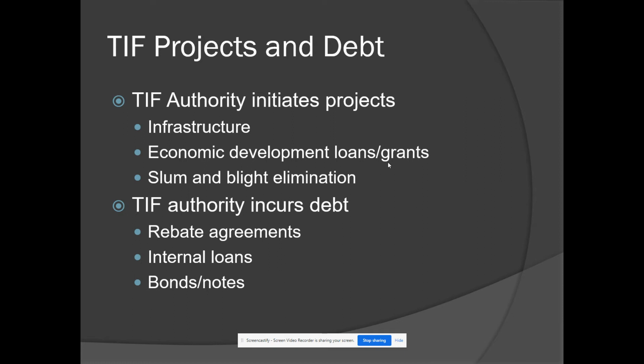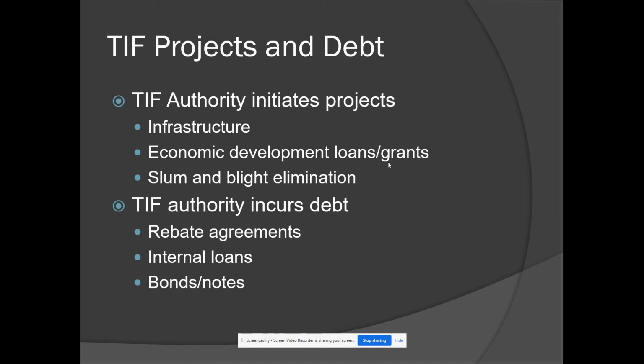So a TIF authority, of course, would initiate projects. That's the goal of an urban renewal area: there's either an intent to eliminate slum or blight or to generate economic development, which is for the good of the general public. So they would typically initiate projects, and that might take the form of infrastructure, putting in streets, sewer, that sort of thing.